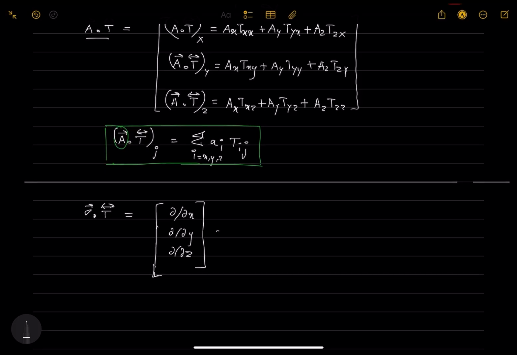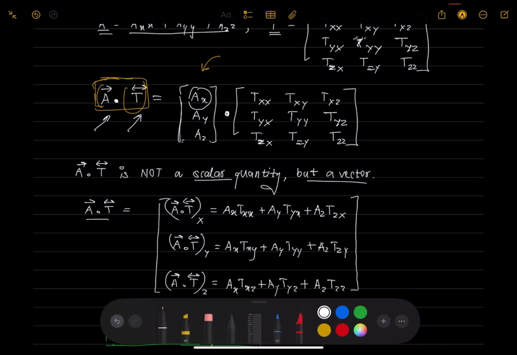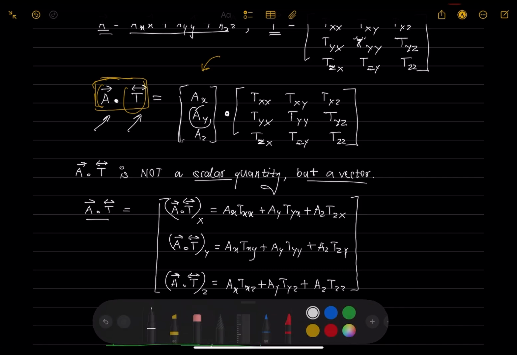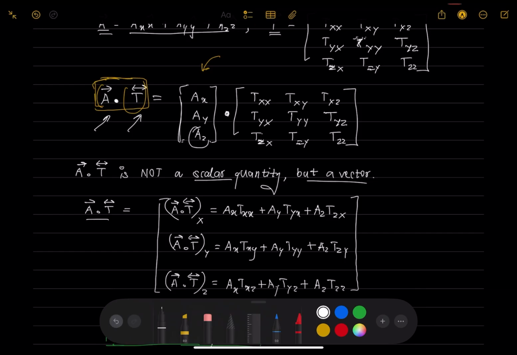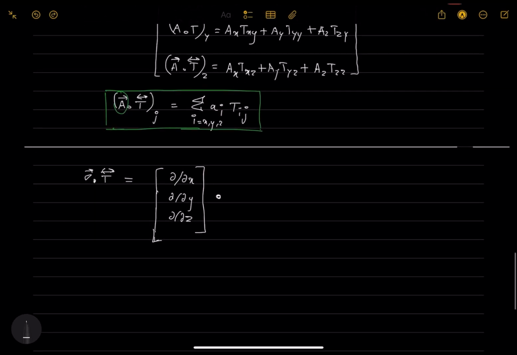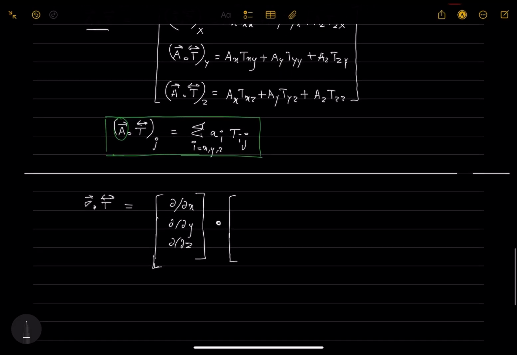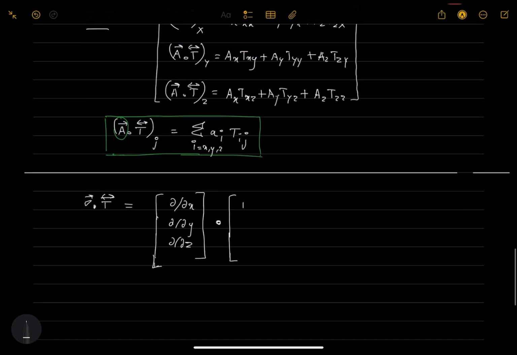It's the same thing as the ax written as d over dx, ay written as d over dy, and az written as d over dz. We're going to take the dot product with the tensor. So the tensor is txx, the first element, txy. I'm just going to fill this in.